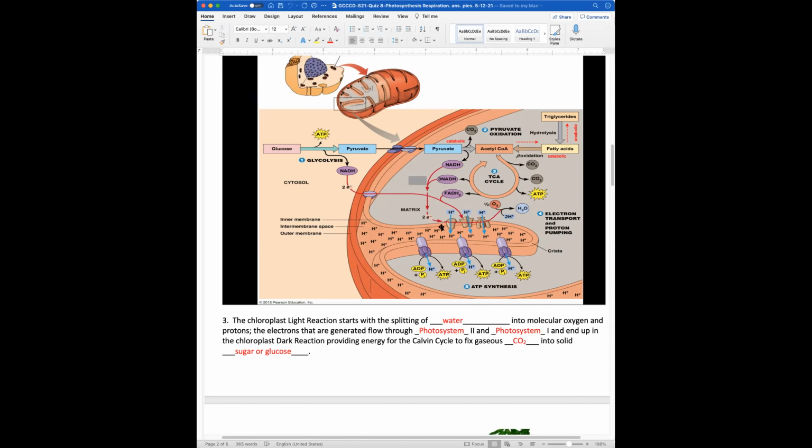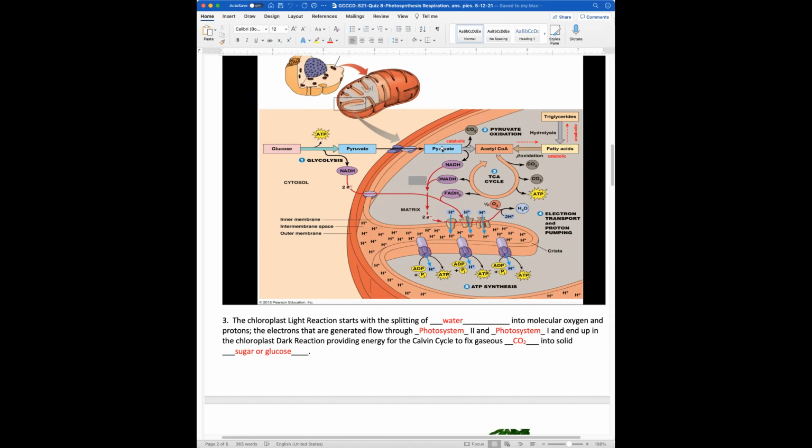Oxygen accepts electrons at the end of the electron transport chain. So if there is no oxygen, there's no acceptor, electron transport stops, and that backs up the entire system, all the way back, including the Krebs cycle, all the way back to pyruvate.